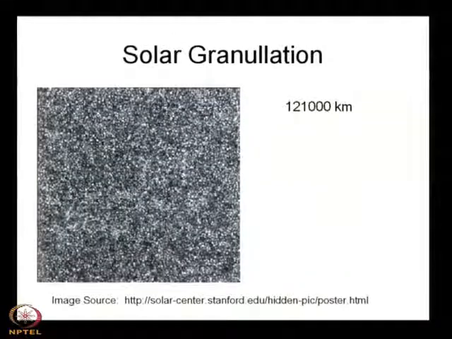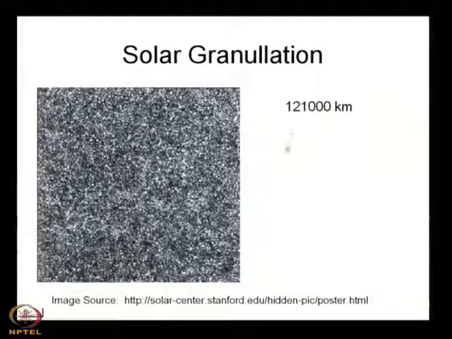Okay. And this is a picture of the solar surface, and you see that there is this granular structure on the surface. This picture is an extremely large region. In absolute terms, this side is 121,000 kilometers, this side is 121,000 kilometers.